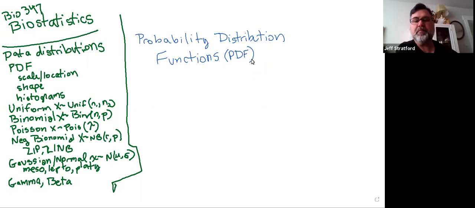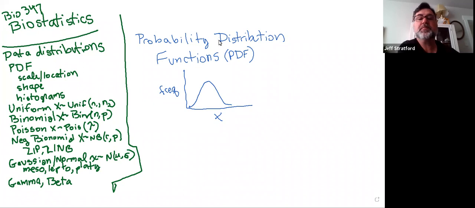A histogram is just the range of X and then the frequency of those outcomes. For example, a famous distribution is the normal distribution. So this would be low values of X, high values of X, and then the average value of X. And that just means there are more average occurrences than these other, more extreme occurrences.